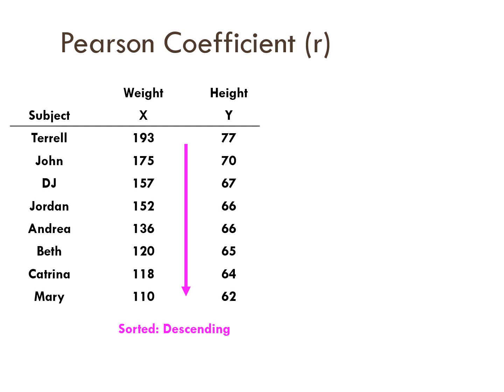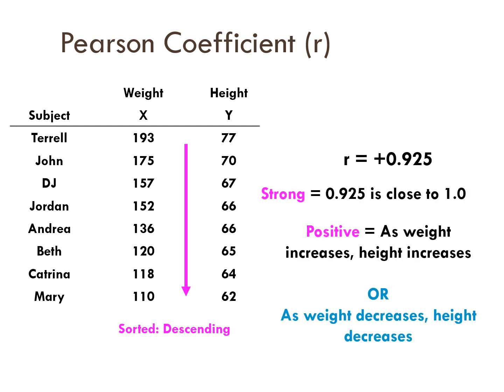And in fact, if we were then to go on to the next step and try to find the coefficient, we would see that the R value, that Pearson coefficient here, is a positive 0.925. This is very strong because it is close to that 1.0. In fact, anything over 0.8 is usually understood as very strong.